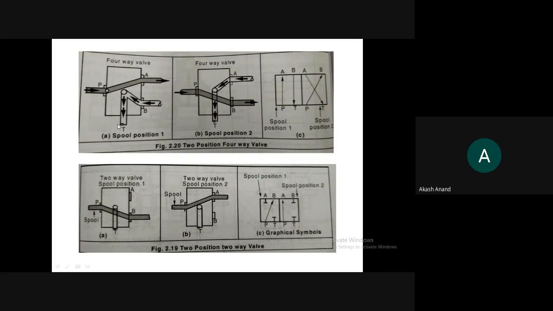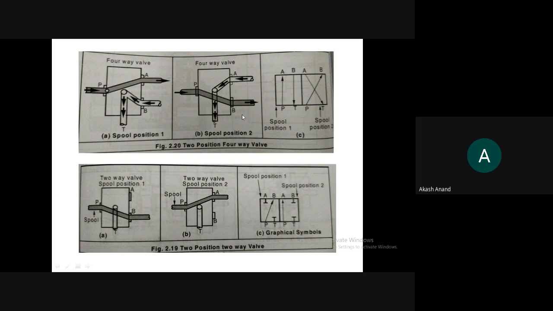Since the control valve port T is connected to B, this fluid will drain into the tank. This is the first position. This is one way and this is the second way, one way of movement and the second way of movement, and this entire diagram shows the first position of the valve. I think it is clear.